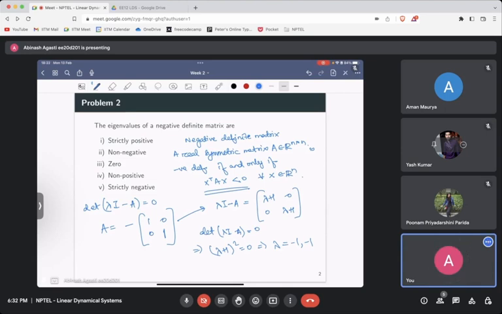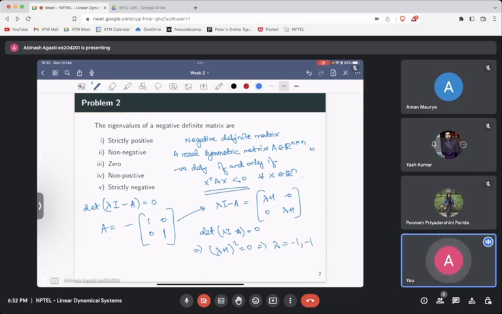So essentially, it happens to be equivalent to this definition. There is another definition of a negative definite matrix, which directly says that if all the eigenvalues of a real symmetric matrix are negative, then it is a negative definite matrix.